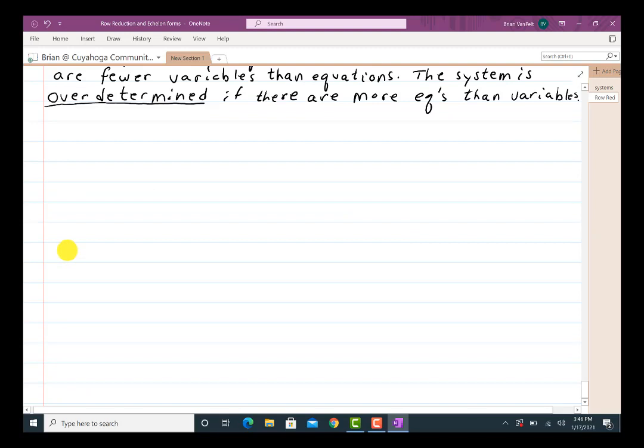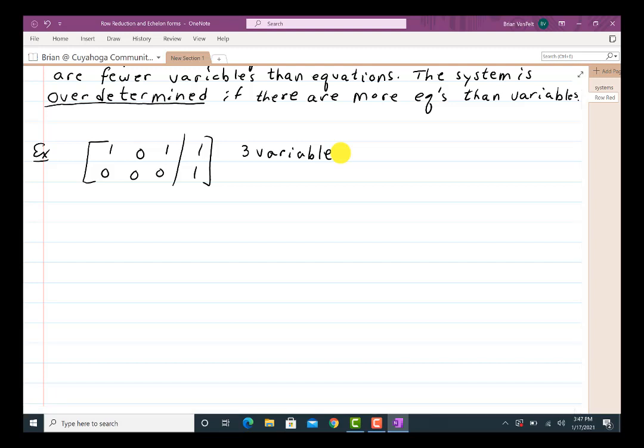Let's take a look here. Here is a classic example of an underdetermined situation. Here, 3 variables. Each column, if you want to think of it this way, is a variable column. So the first column is x, the second column is y, and the third column is z. 3 variables, 2 equations.